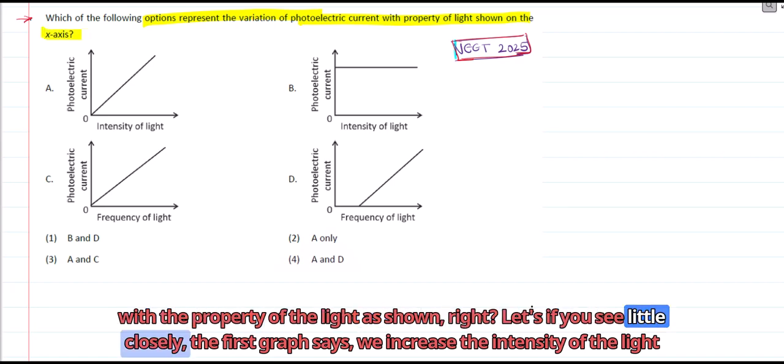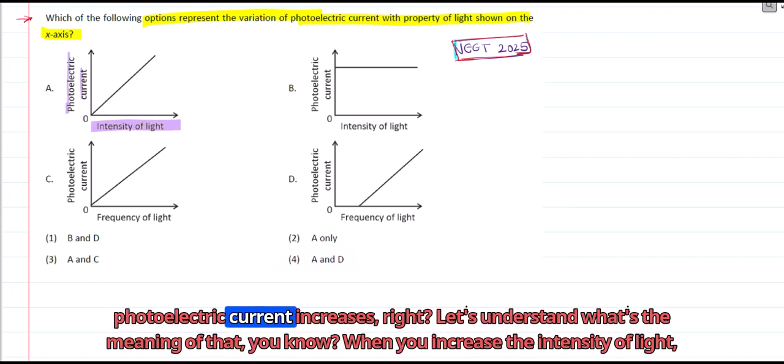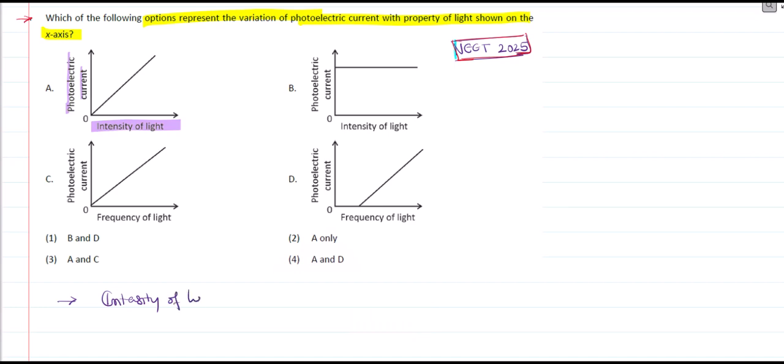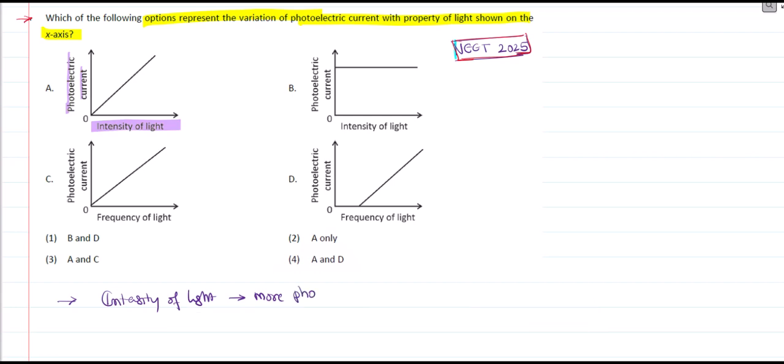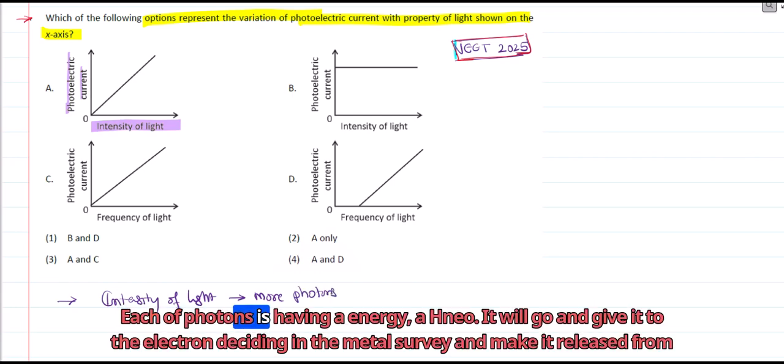If you see little closely, the first graph says you increase the intensity of the light, photoelectric current increases, right? Let's understand what's the meaning of that. When you increase the intensity of light, actually, it consists of more and more number of photons. Each photon is having an energy h nu.